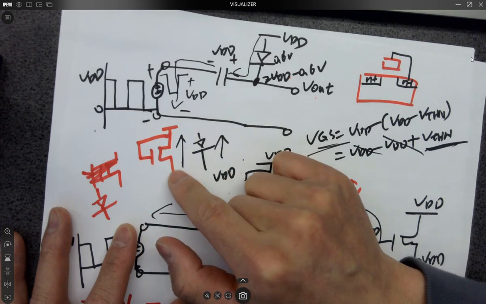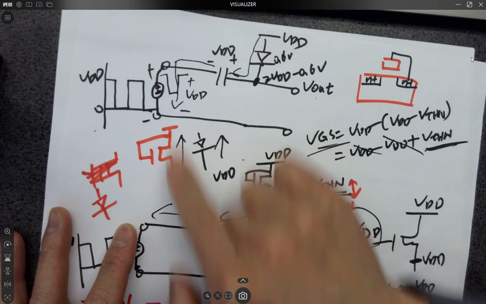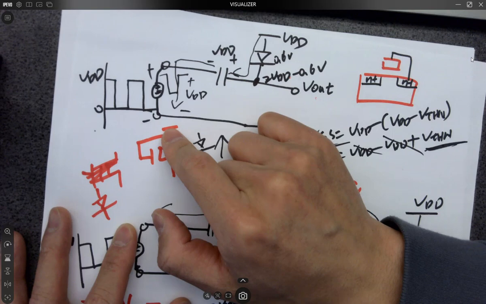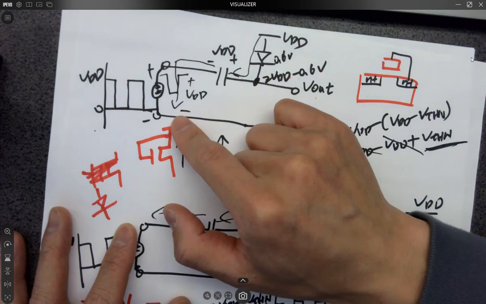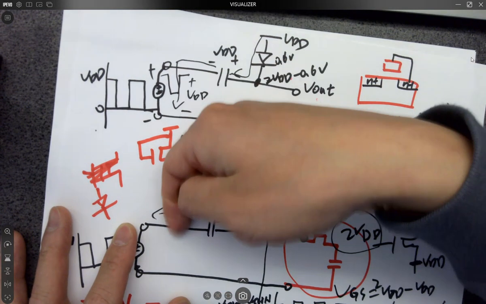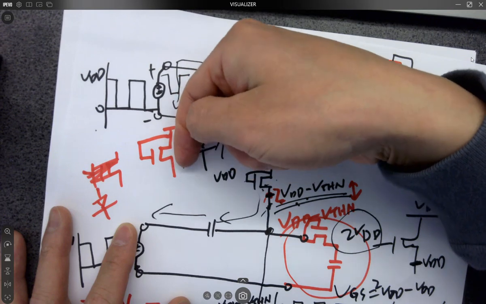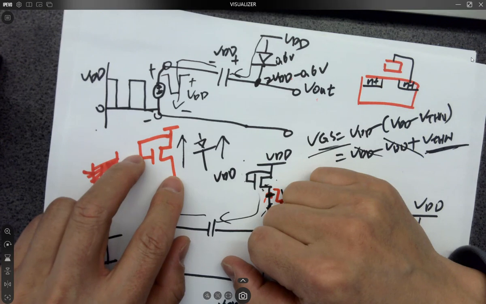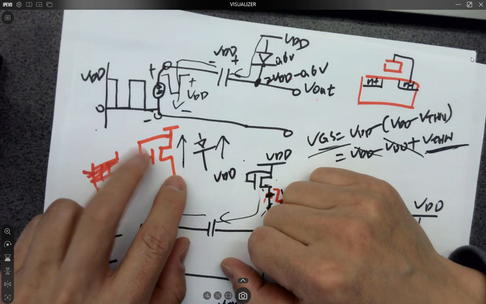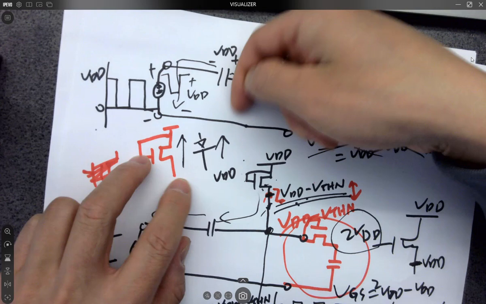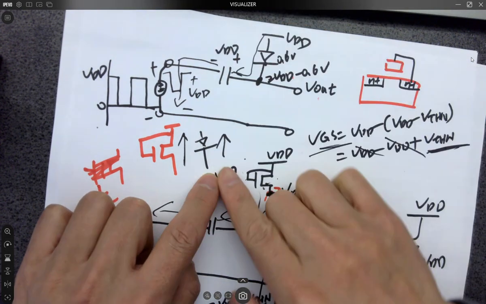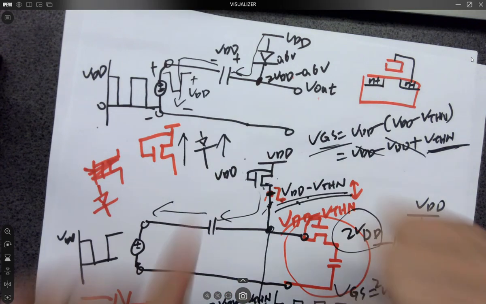If you treat this one as a drain, you won't be able to flow current that way because VGS has to be larger than VTH in order to flow current, but now it's 0. So it's only flowing current in one direction because this VGS here is not 0. It's larger than VTHN, so you are able to pass current that way. Similar to the diode, you're only able to pass current from top to bottom, but not bottom to top.